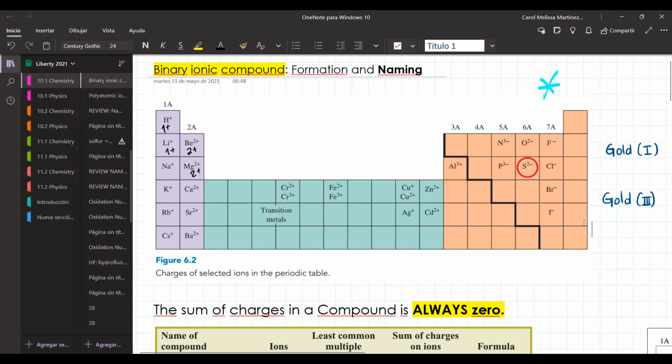That's why it ends in -ide, sulfide. So the sulfide ion uses a charge of -2, the same as oxygen. That's why it is located just below oxygen in the same column, okay? So it has similar characteristics as oxygen in terms of oxidation state.